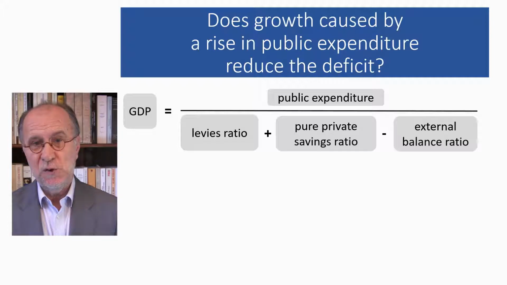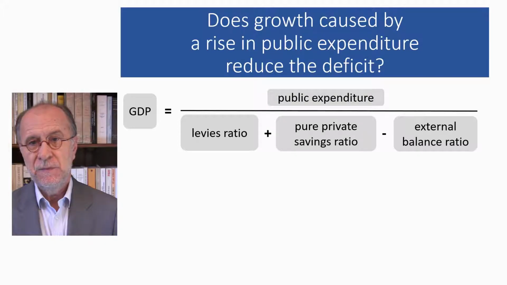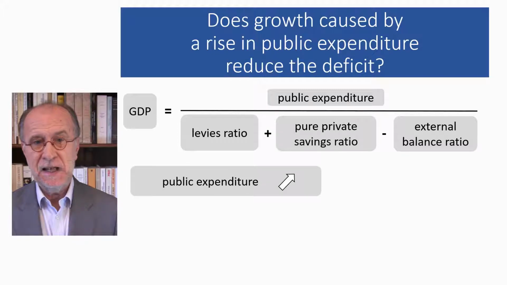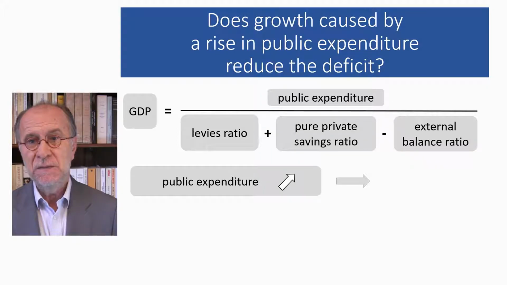Growth is not necessarily a result of changes in the two non-public balance ratios. It can also be a result of fiscal policy, i.e., changes in spending or the public levies ratios. Increased public spending obviously has an expansionary effect.